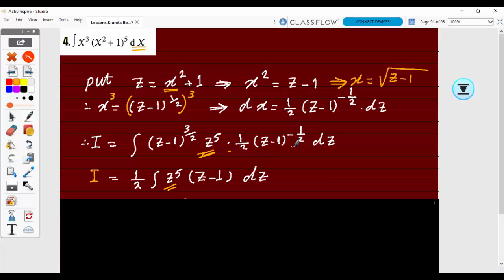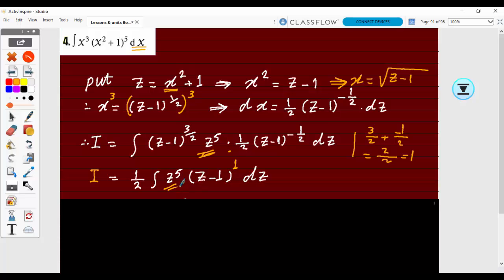When you add the powers, you will get 3 over 2 plus negative half, which equals 2 over 2, which equals 1. So the power of (z minus 1) will be 1 here.